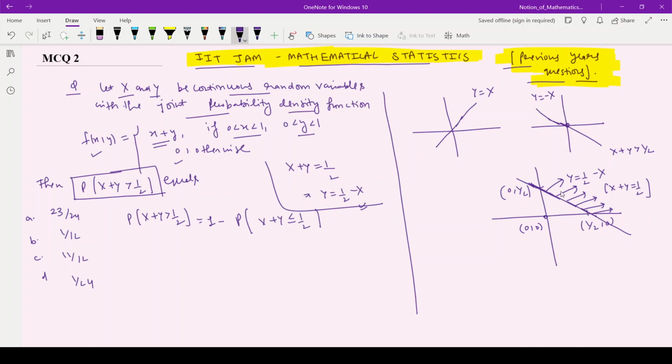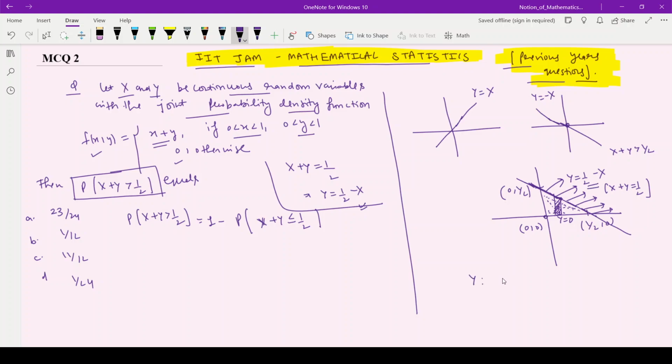Now less than or equal to 1 by 2 means this particular dotted region. If I cover this dotted region with the help of either a horizontal strip or a vertical strip, this problem will be solved. Suppose I am drawing a vertical strip here. From this vertical strip, at this place I will get y equals 0, and here it will be y equals 1 by 2 minus x.